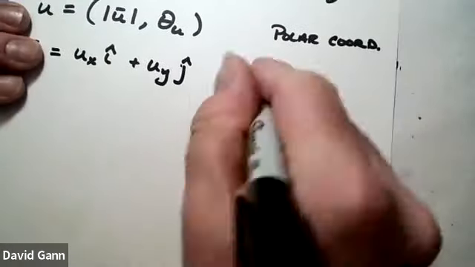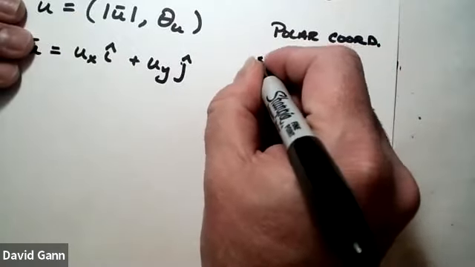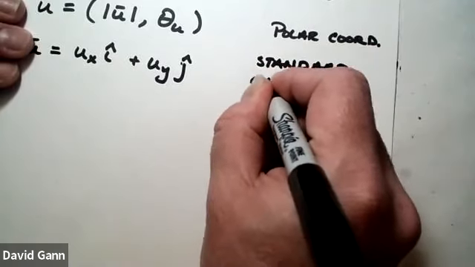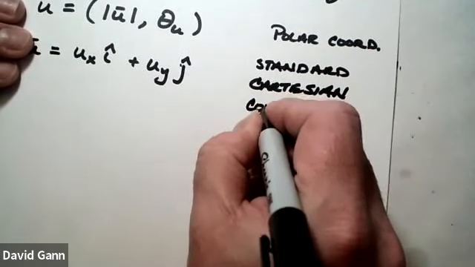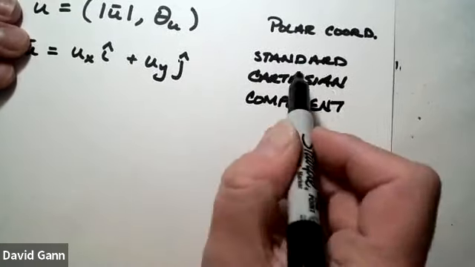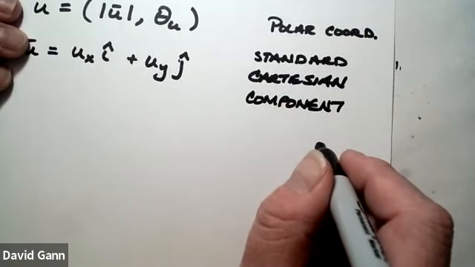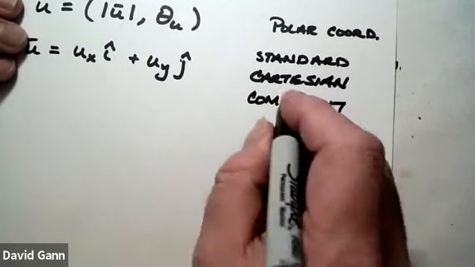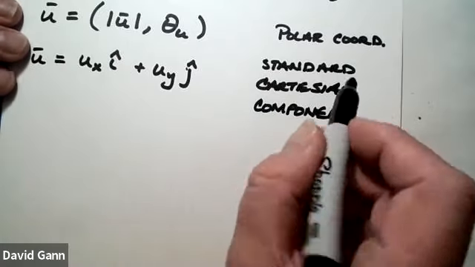There are different terms that are used: standard form, Cartesian form, component form.